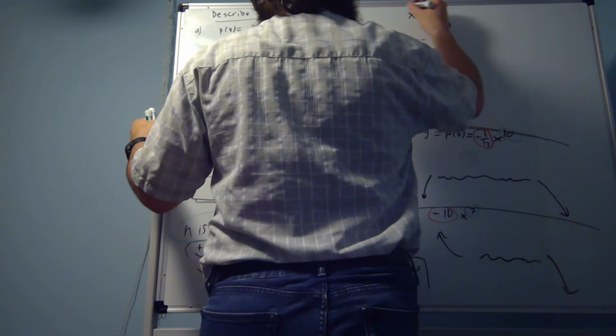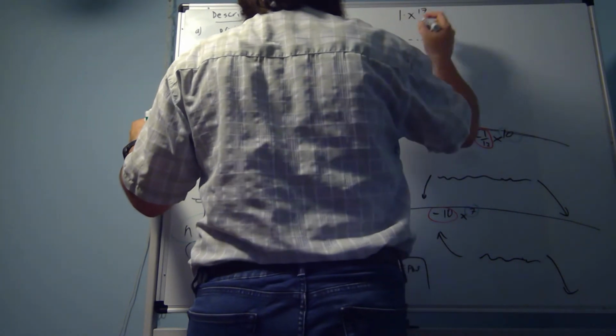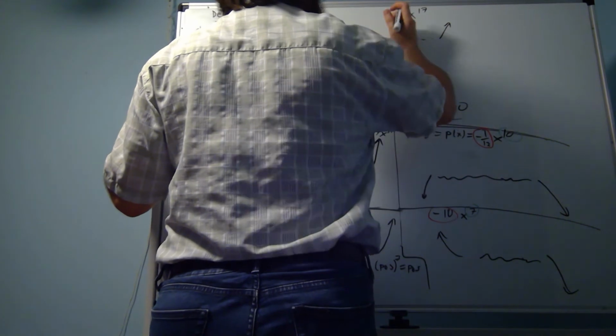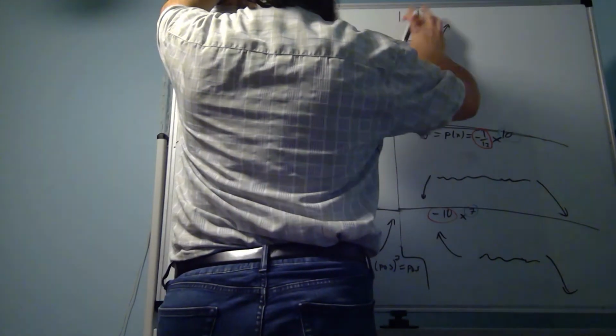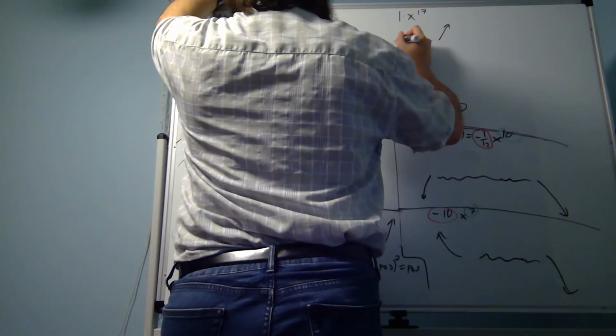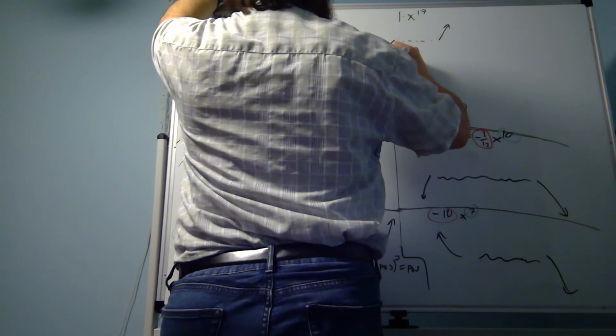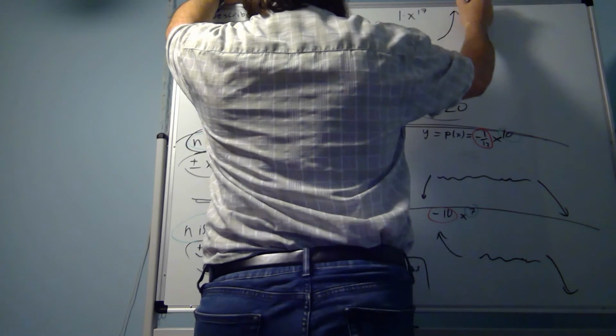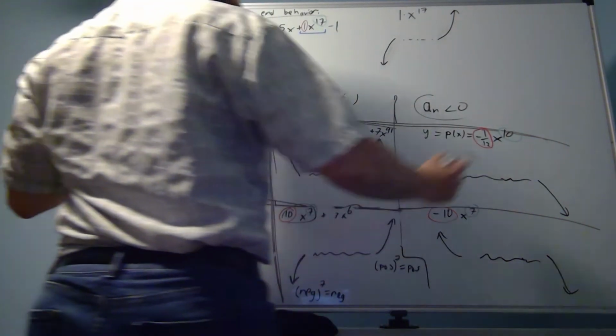It's a positive times an odd power, which means not only does it go down and then up, it accelerates, so it actually bends, getting faster and faster as it goes along.